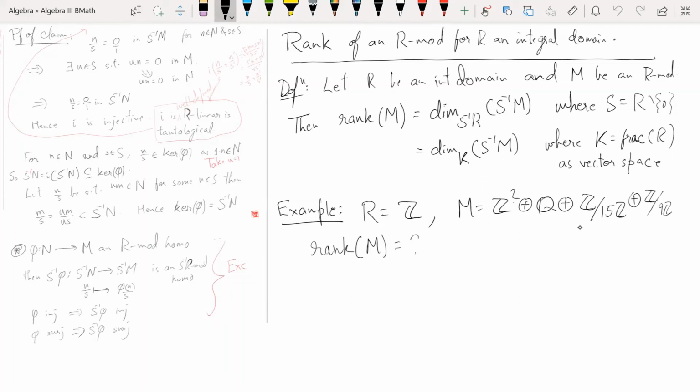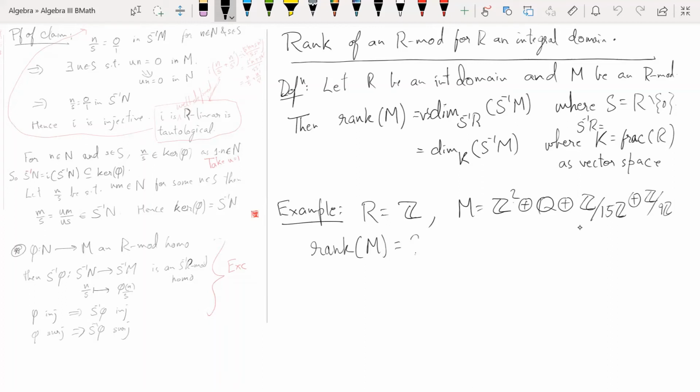This S inverse R is a field, S inverse R equals K. I'll just put VS here to say it's a vector space dimension. Okay, so this is what the rank of M is.